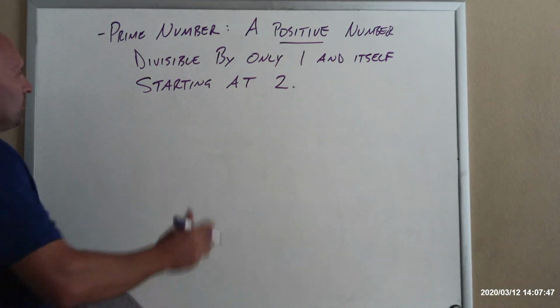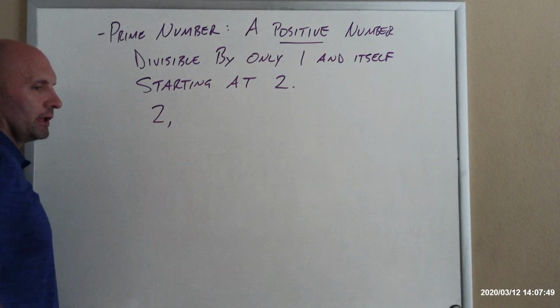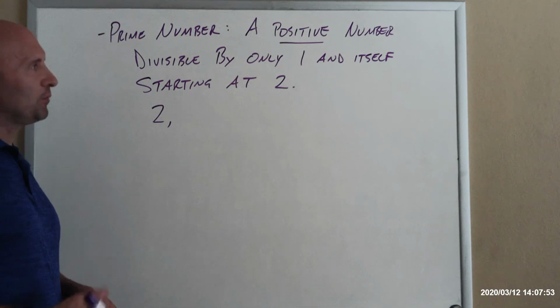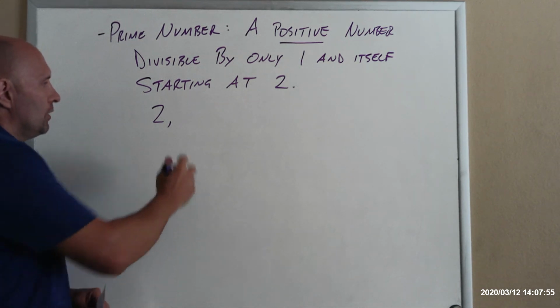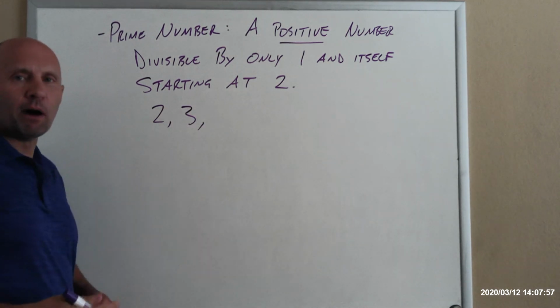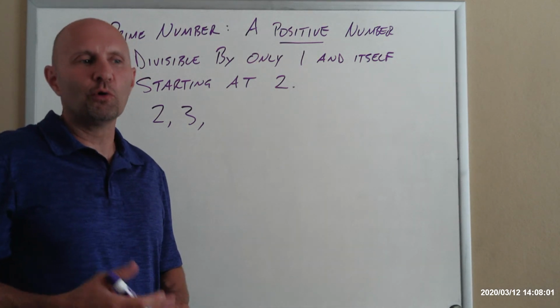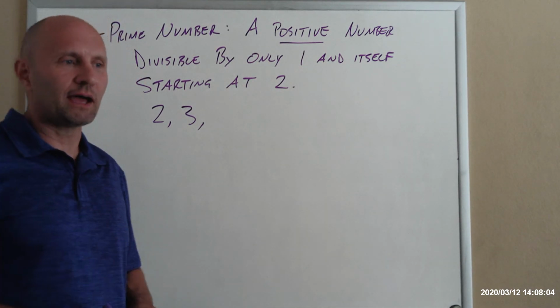So let's think about this. What are these? Well, 2. Okay, we're starting at 2. Let's go up to 3. Does 3 divide by anything besides 1 and 3? No. How about 4? Does 4 divide by anything besides 1 and 4? Well, yes, 2. So that's not counted.